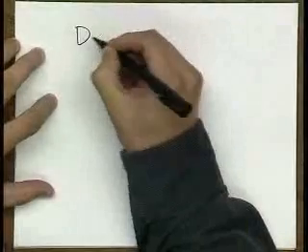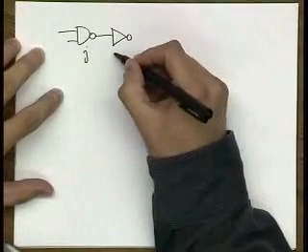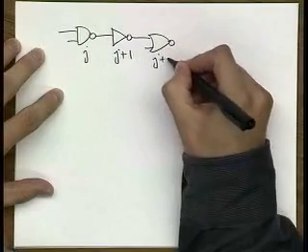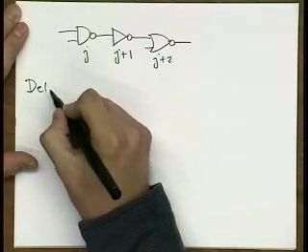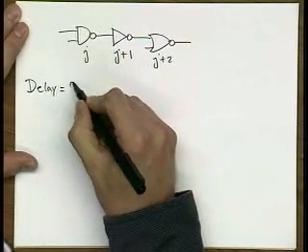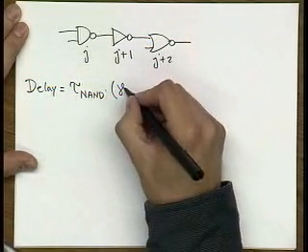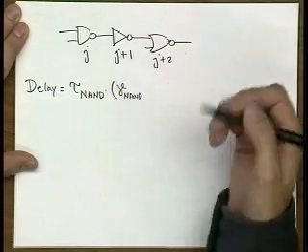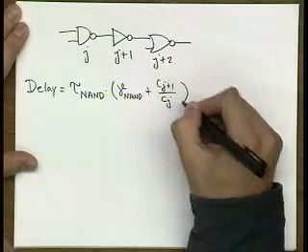Okay, good. So let me now analyze a case where I have the following example. So this is stage J plus 1, and then I have this J plus 2. So now in this example, what would be my delay? Delay would be equal to this tau of a NAND times the ratio of the parasitic capacitance of a NAND gate plus Cj plus 1 divided by Cj.